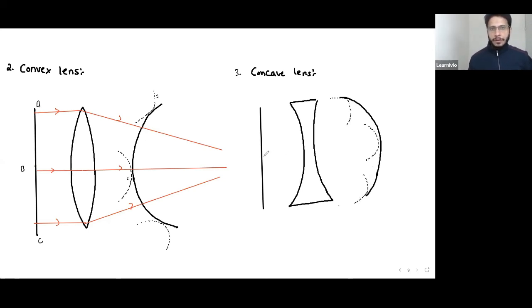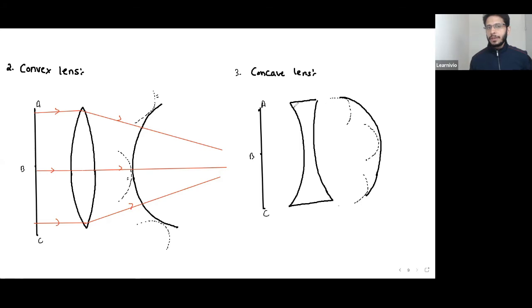Now see, the waves from this point B, as compared to A, will travel through glass for a shorter period of time. That's why the radius is large, but from A they move through glass for a comparatively larger period of time.